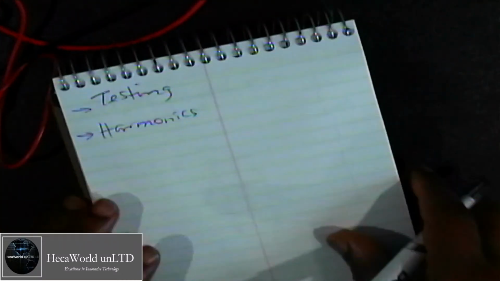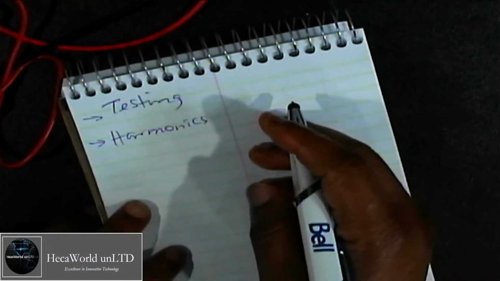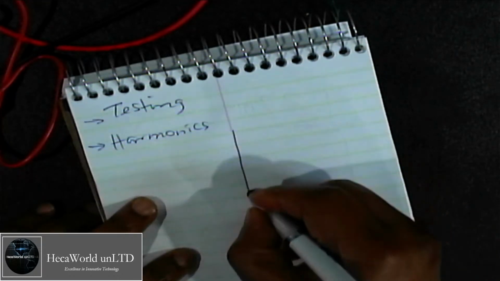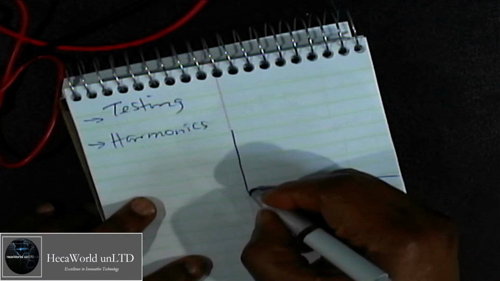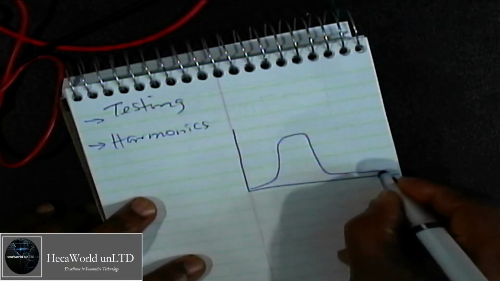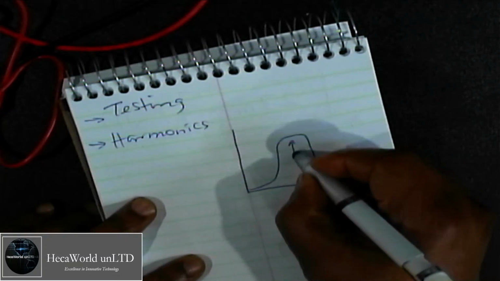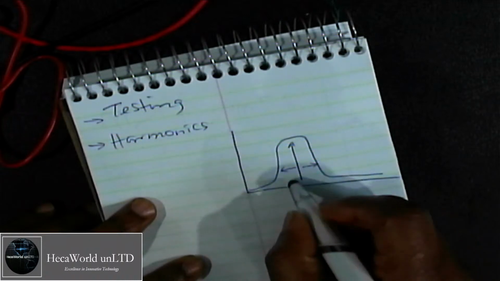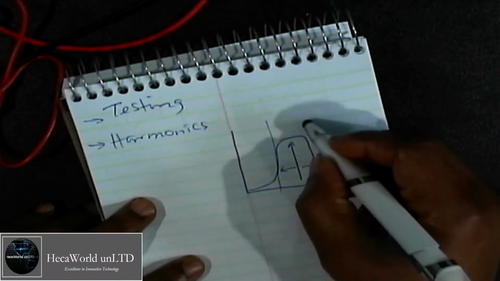So what you want to do is, if you want to build this as a full transmitter for any useful purpose, you need to have a filter, a band pass filter. You want to have something like this, where your transmission is within this, and then the gap between this will be the bandwidth, if you will.